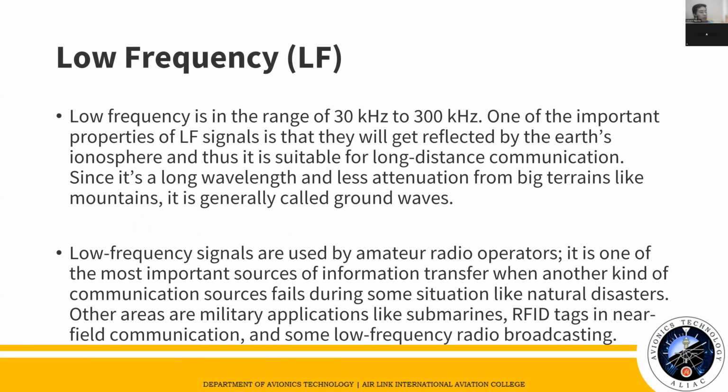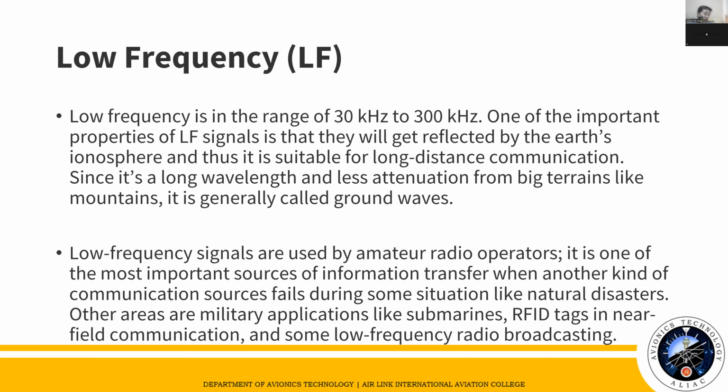The low frequency is in the range of 30 kilohertz to 300 kilohertz. One of the important properties of LF signals is that they get reflected by Earth's ionosphere and thus are suitable for long distance communication. With this long wavelength and less attenuation from big terrains like mountains, they are generally called ground waves.